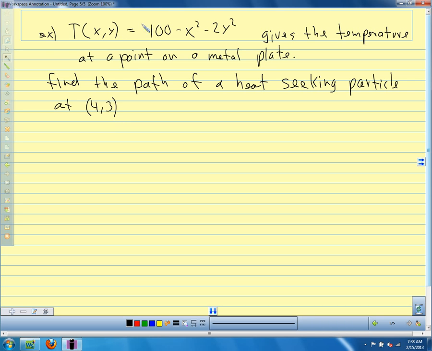If I make a sketch of this, if we sketch the level curves of this function, what are the level curves going to look like? Ellipses. So 2x squared plus y squared equals some number, that's going to give us an ellipse.